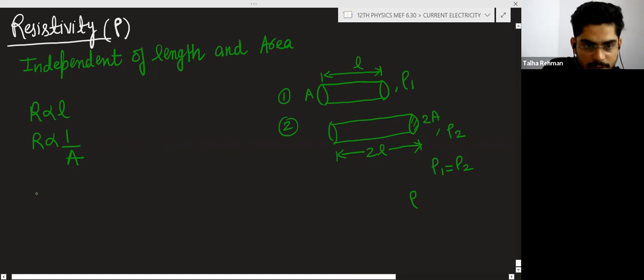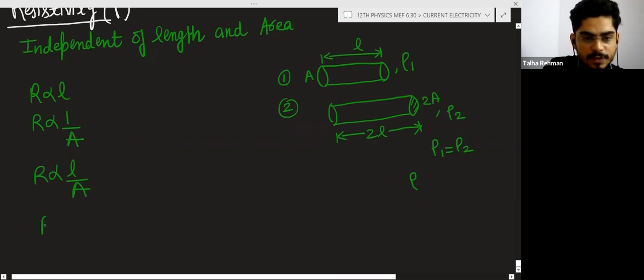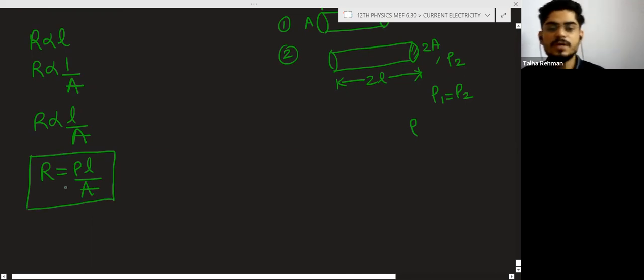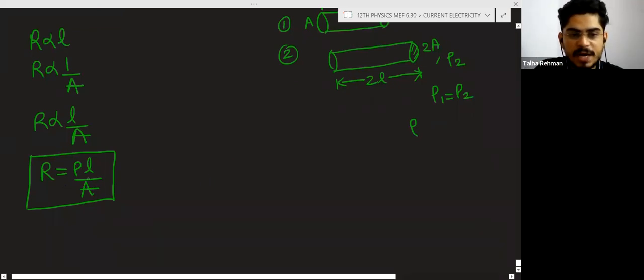Now I can write resistance is directly proportional to L by A, and when you remove the proportionality sign, you get the resistivity rho L divided by A. So resistance can also be written in this form: R is equal to rho L by A. Rho is the resistivity, L is the length of the conductor, A is the area of cross section.